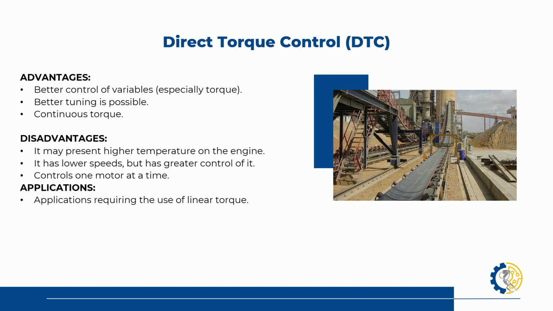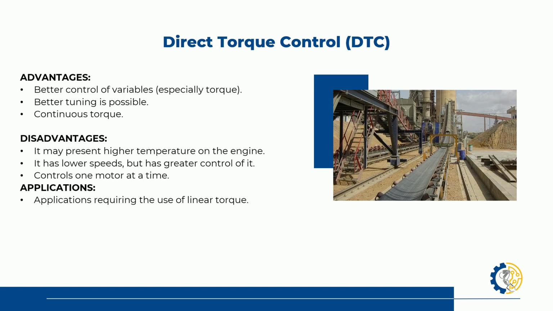So basically, if in a mine there was a conveyor belt for ramps, there's an enormous amount. So we need to control our variables, especially torque. So we are allowed, of course we are, for better tuning, a continuous torque.